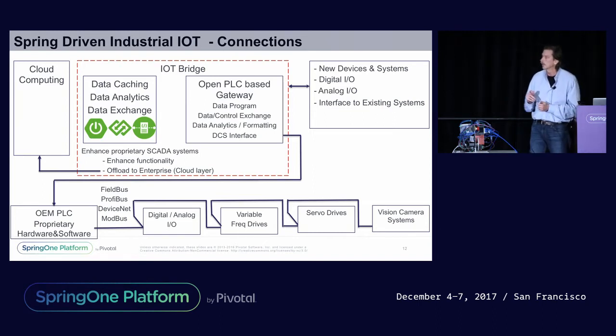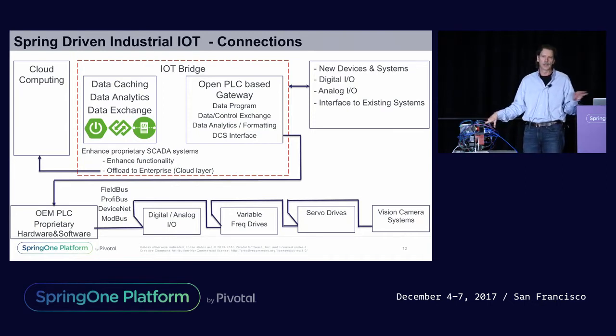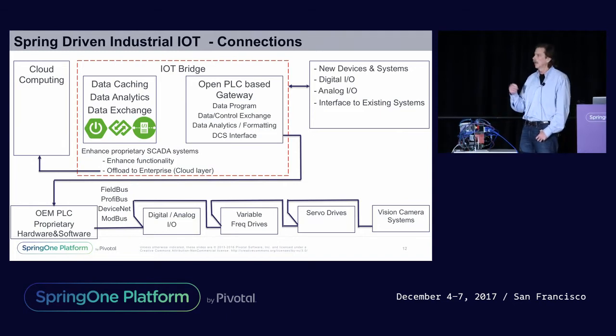There's a lot of differences there. So they use field buses to communicate with these low-level devices. So what we're doing here is we're using a PLC that we can talk TCP back up to the IoT bridge, and then we can buy this PLC with any field bus on it, Profibus, DeviceNet, so that we can talk to the existing systems.